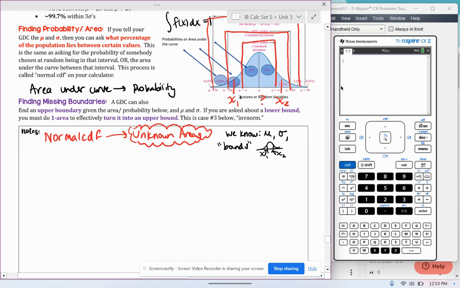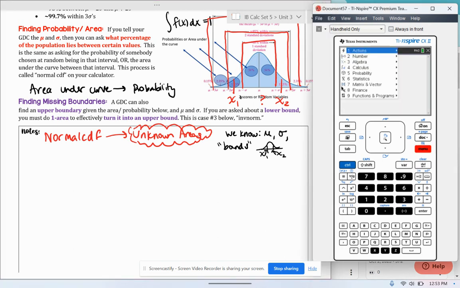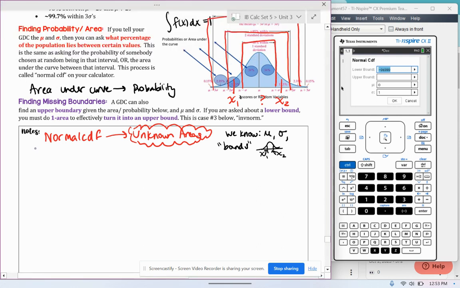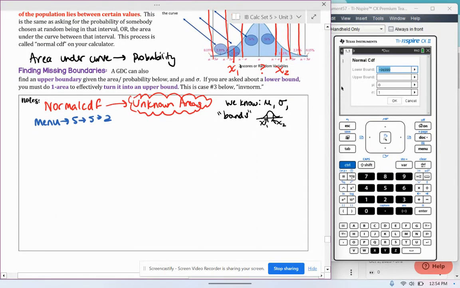So the way that you find this is you go Menu 5 5 2, and that will pull up the normal CDF function for you. Okay, so let's write that down. Menu 5 5 2.